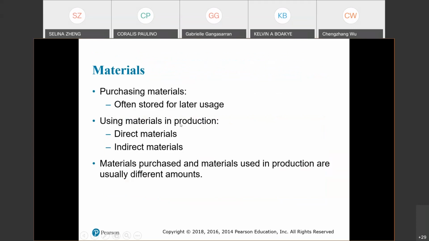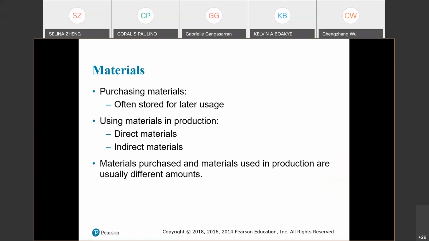There are 2 aspects to accounting for raw materials: purchasing materials and using materials in production. Because raw materials do not have to be used immediately when they are purchased, the raw materials can be stored for later use.